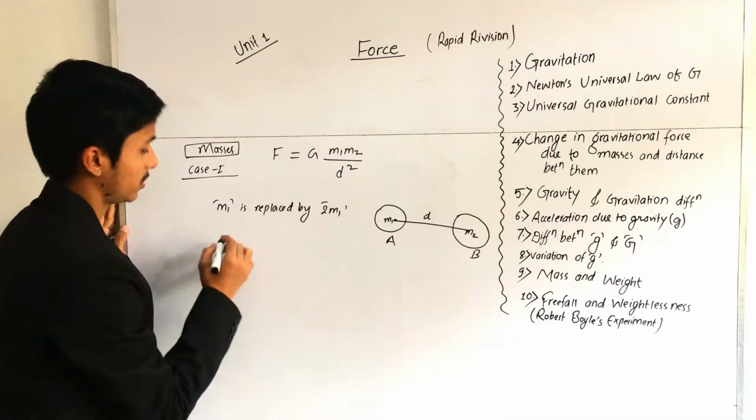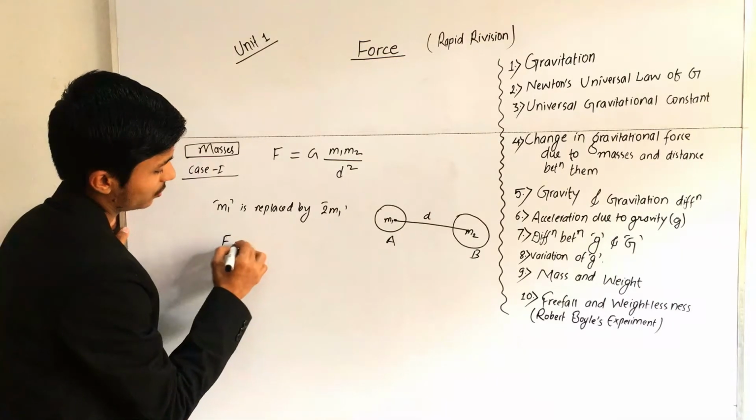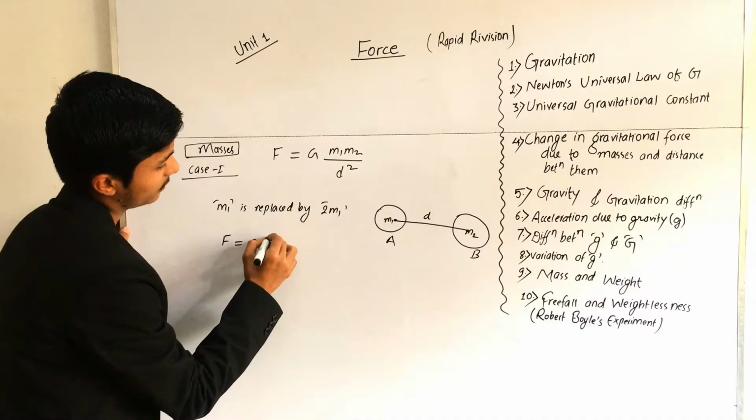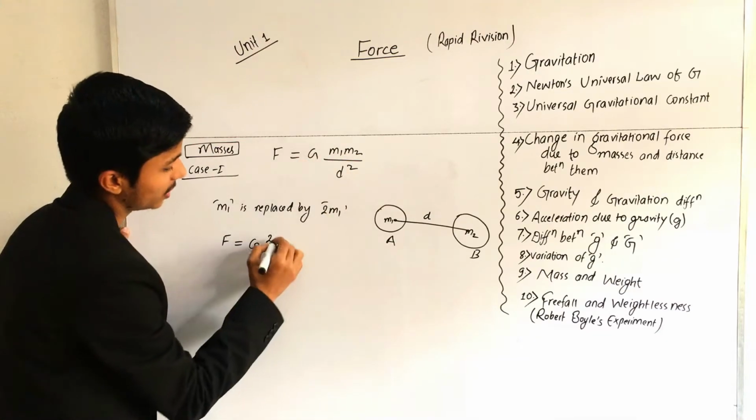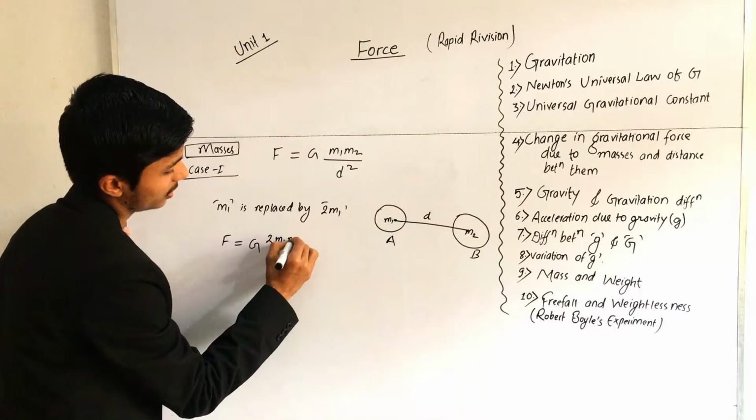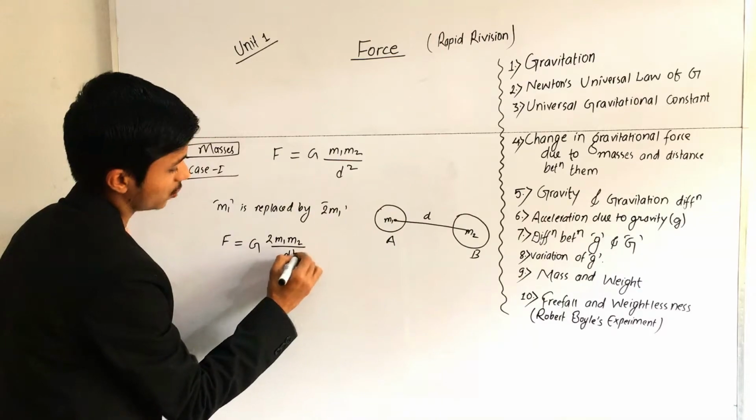So we can write G, instead of m1 we write 2m1, m2 by d square.